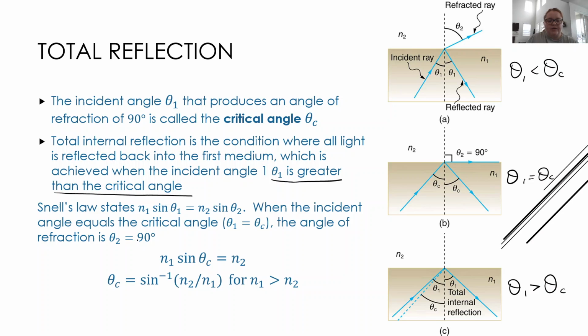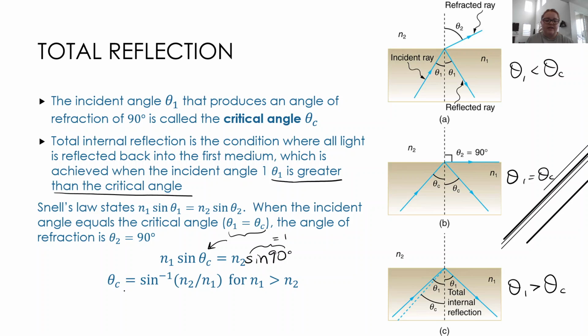Okay, so we can set up Snell's law. So we have n1 sine theta c, which is here. Then n2 times sine 90 degrees, which would go to 1. That's why it wasn't there. So then we can solve for what that critical angle is.